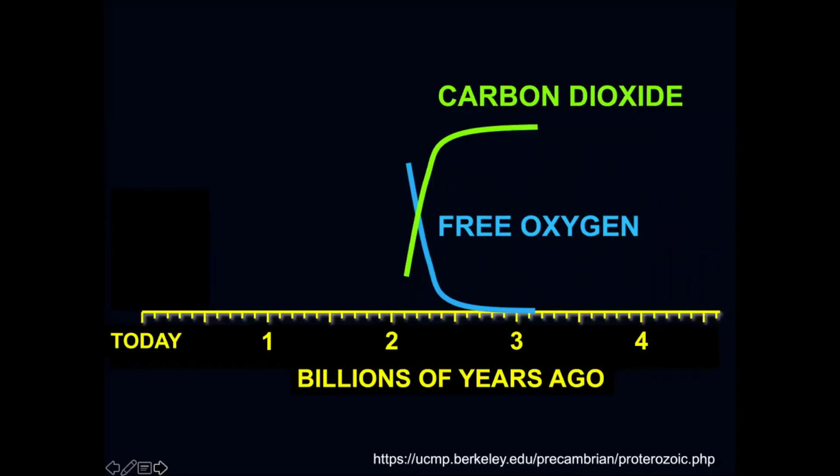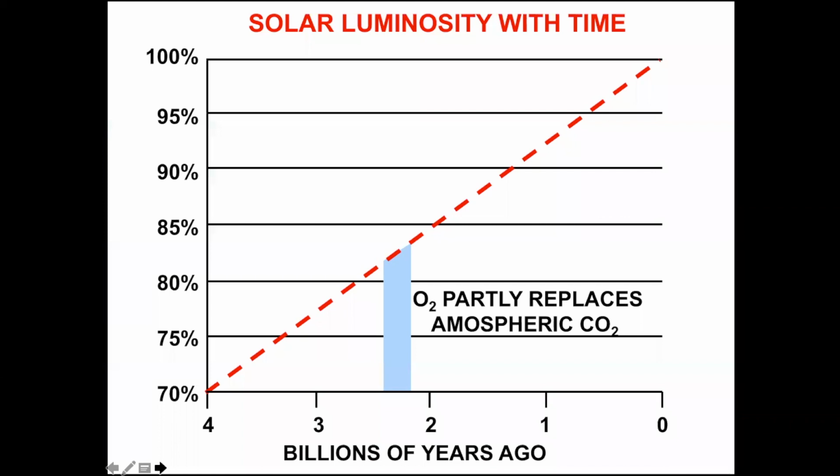The result is that atmospheric carbon dioxide goes down and oxygen goes up. And so about 2.5 to 2.2 billion years ago, oxygen is replacing atmospheric carbon dioxide.